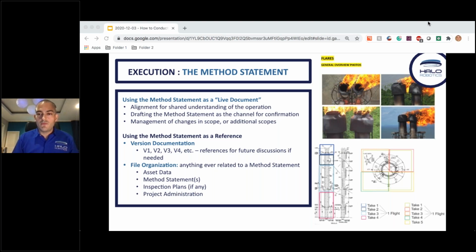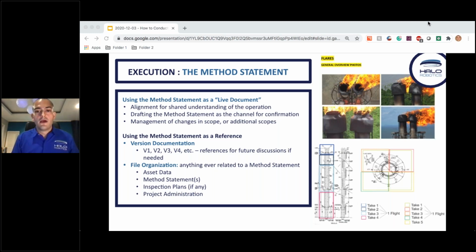So with the method statement, we bounce drafts back and forth in order to document the discussion. It's like minutes of a meeting: you have a meeting, review further, make changes in the method statement, and send the updated draft, confirming understanding about what is going to be done and what is not going to be done, in terms of what the scope is and what it is not.